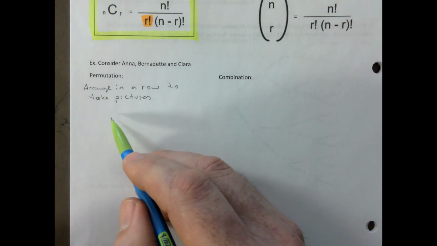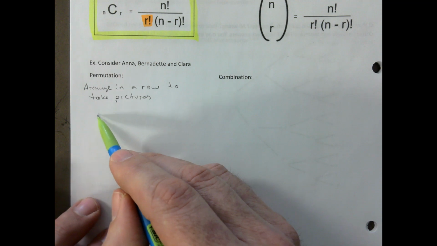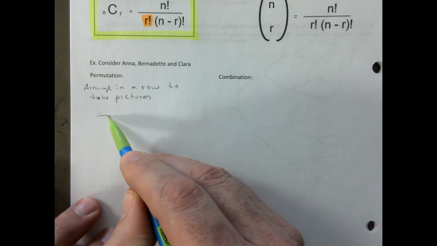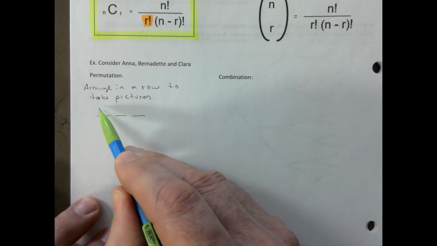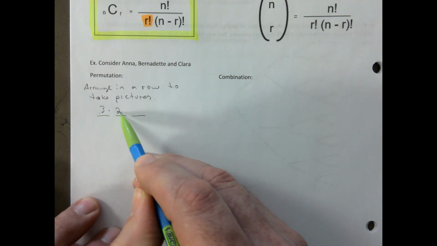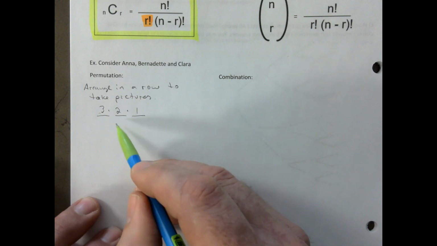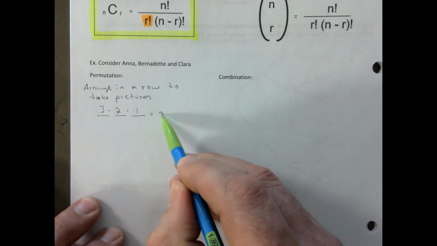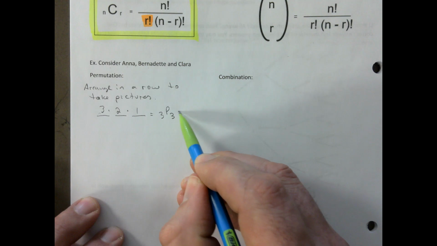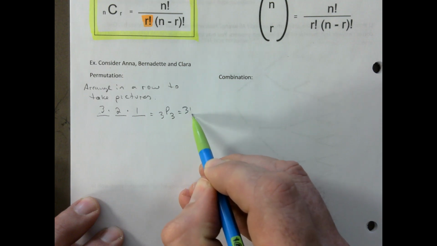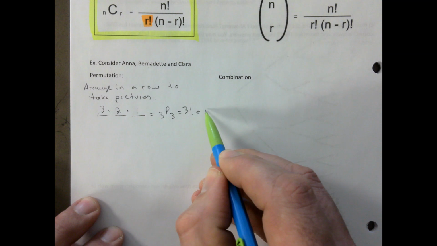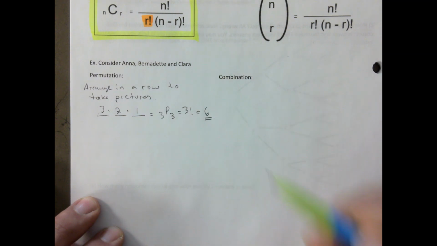And so how many different ways can you do that? So there's 3 people, right? So you just go 3 times 2 times 1, which is also 3 pick 3, which is also 3 factorial. And that would be 6, right? 6 ways to arrange.